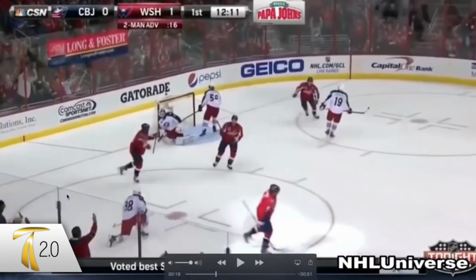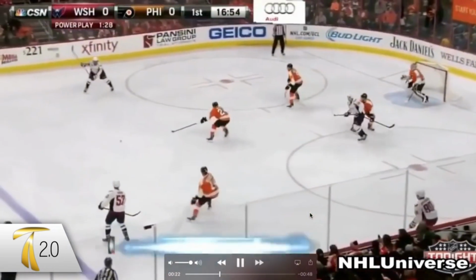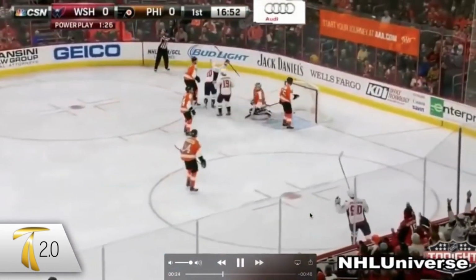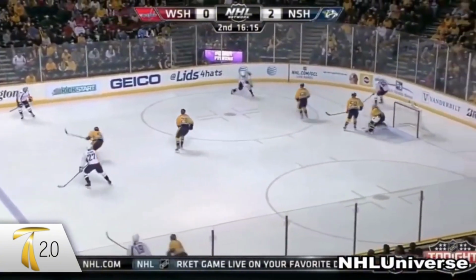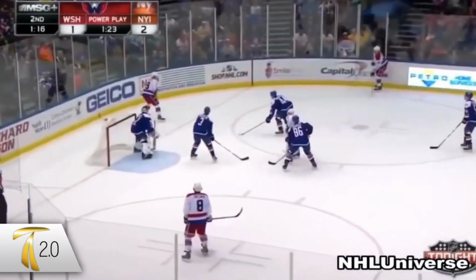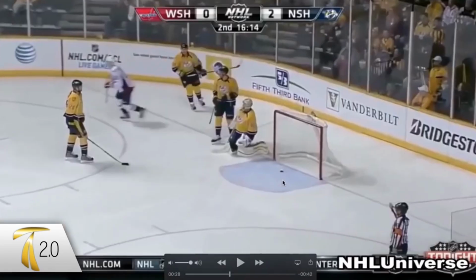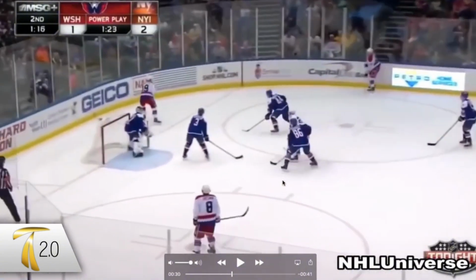So this is the first iteration where he's backing up because it's coming high to low. And in this example, you'll see the puck is low, so Ovechkin takes himself towards the net.